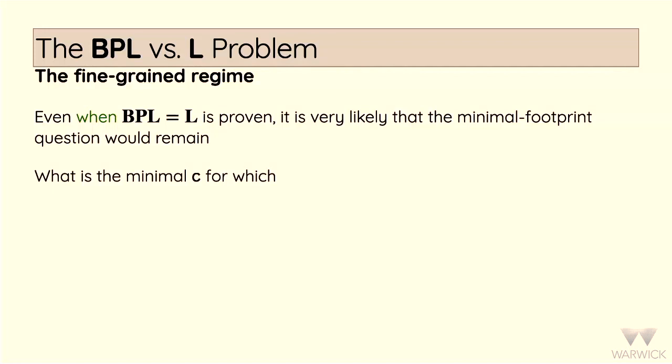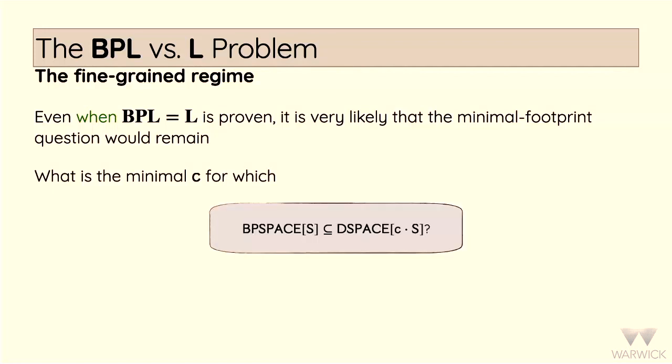Namely, what is the minimal C for which this inclusion holds, for which BP space S is contained in D space C times S. So maybe unconditionally, any C would be fantastic. But maybe conditionally, we can ask whether we can make this C very small, to decrease the overhead that de-randomization produces.